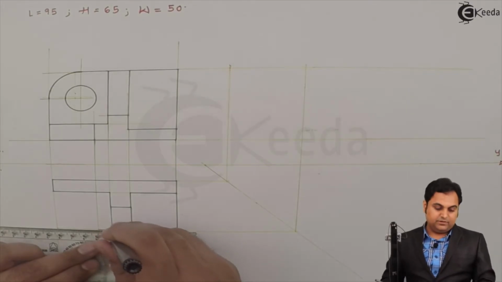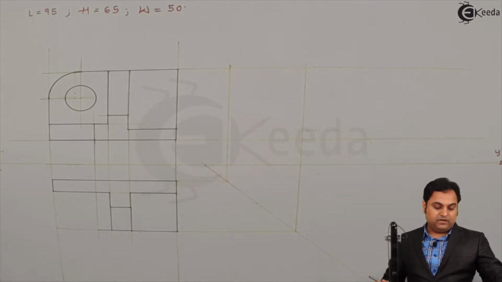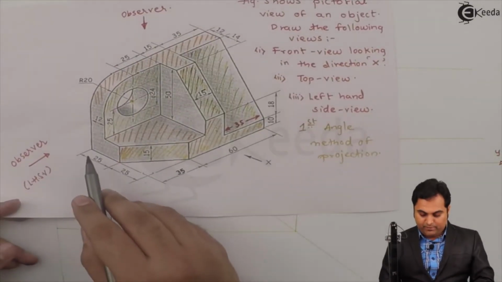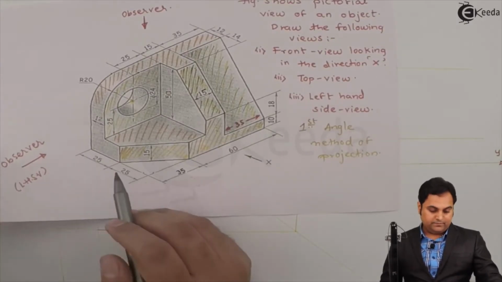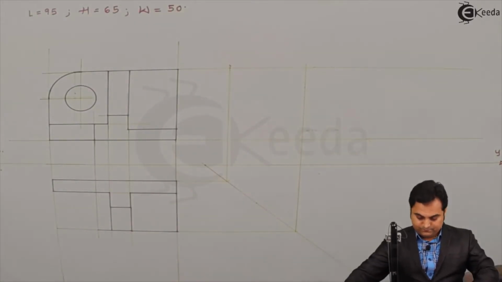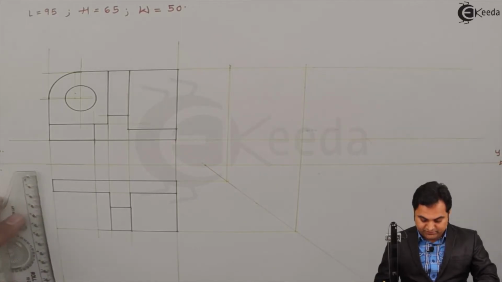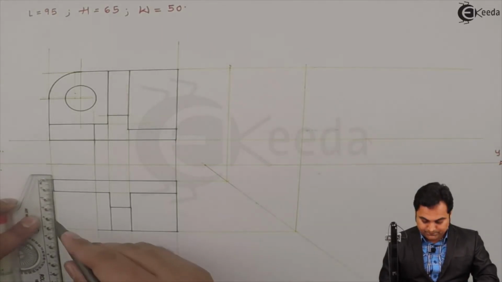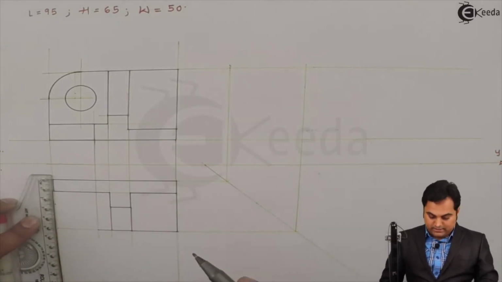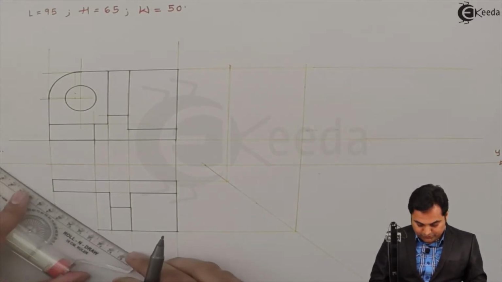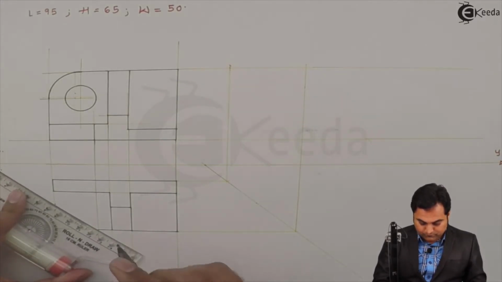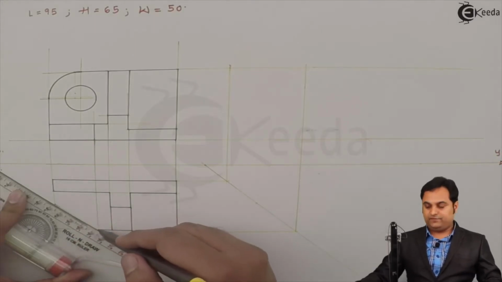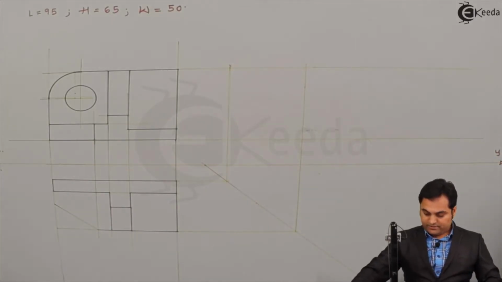This line is visible. Then after that, taking 25 mm from the other side, it means measuring 25 distance from here, I'll connect these 2 points to get that surface, and here I'm making it dark.